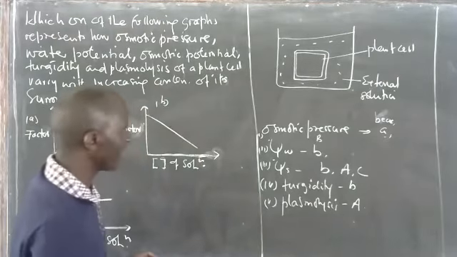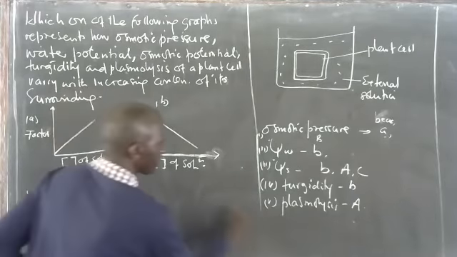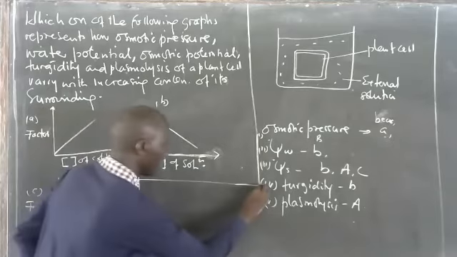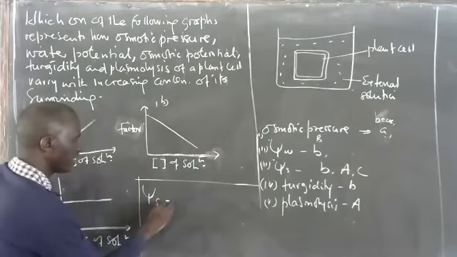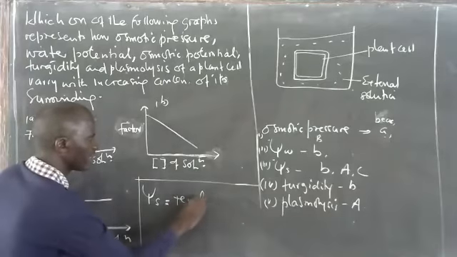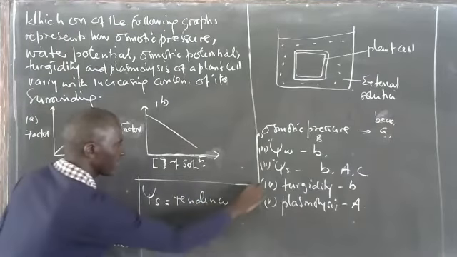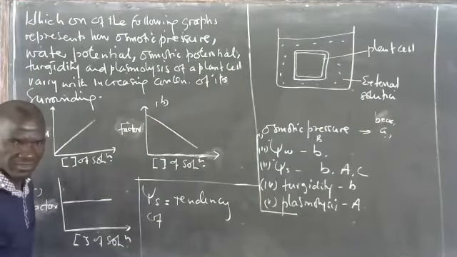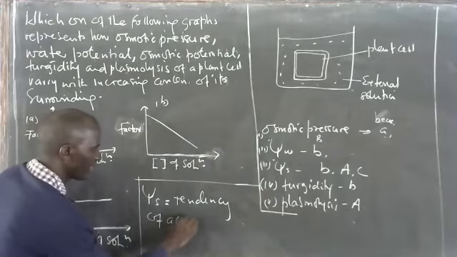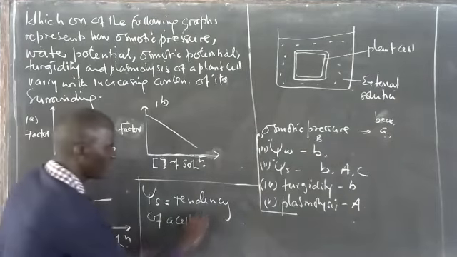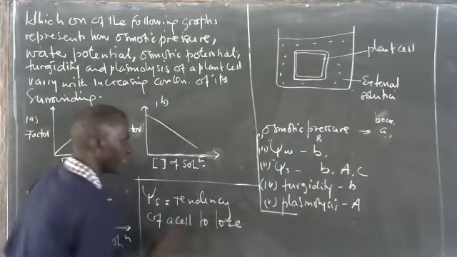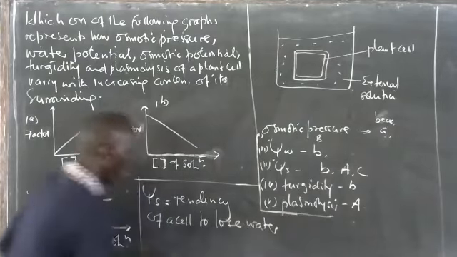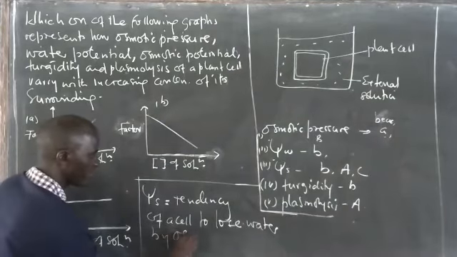If I write it here for clarity, this one is the tendency of a cell to lose water by osmosis.